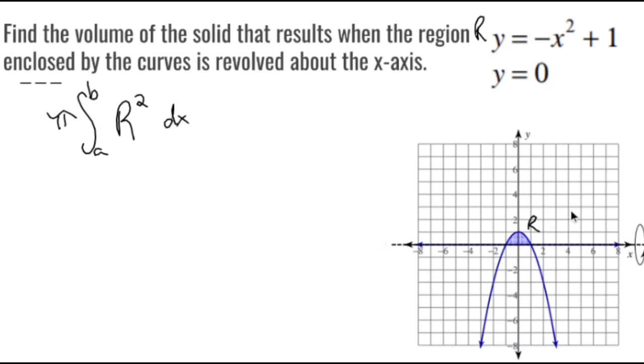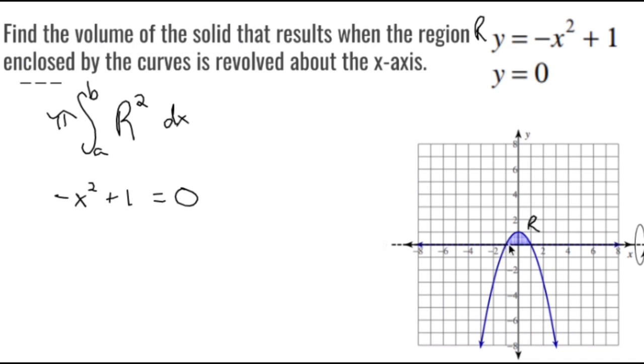So this is what we're going to do. We have to find where our curve, where r crosses the x-axis. In other words, where is negative x squared plus 1 equal to 0? Now, we can look at this and say, well, I think it's kind of obvious what the answer is, but you can never be too sure.